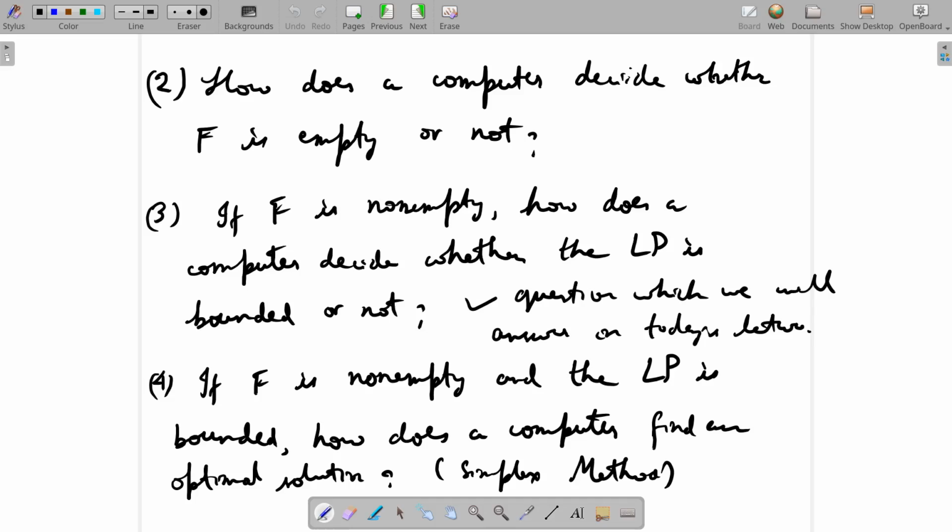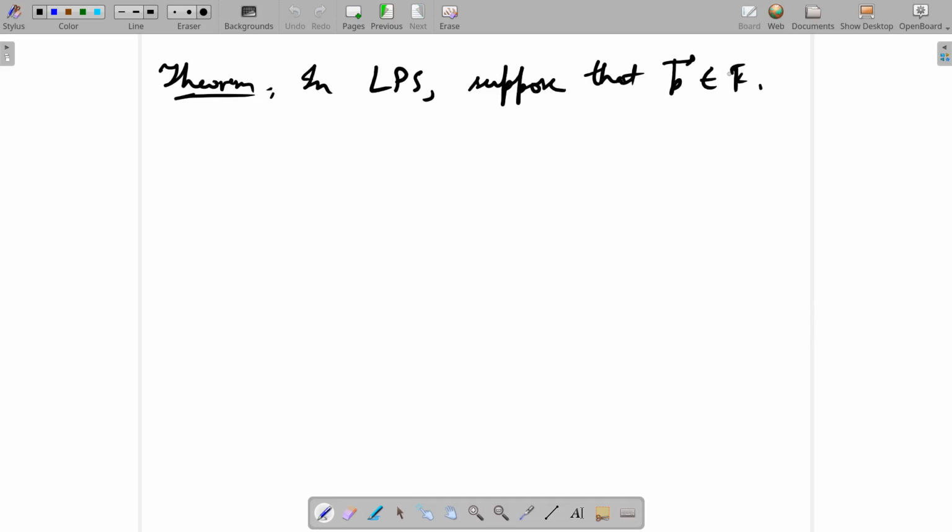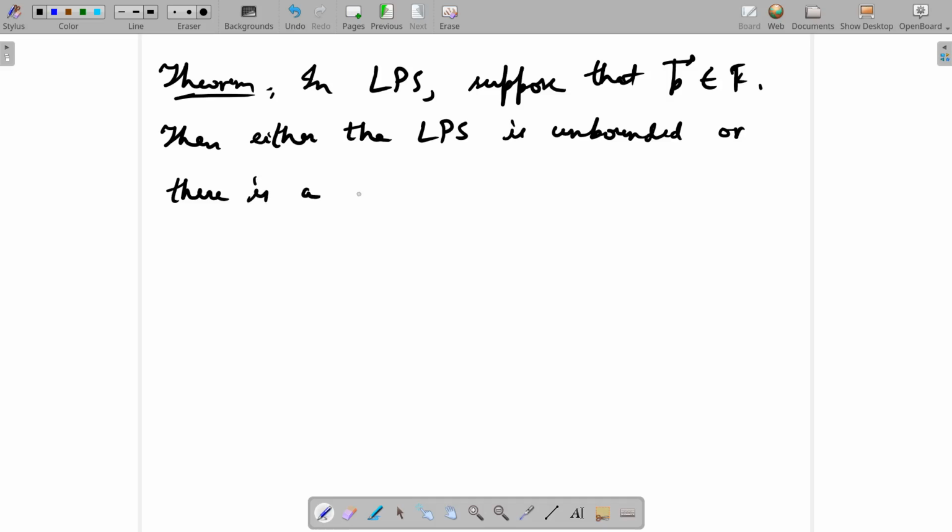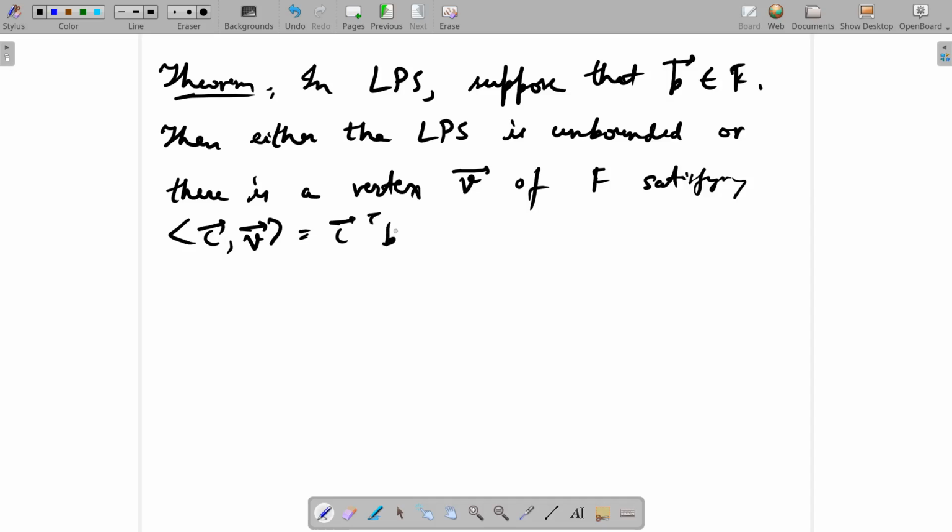Question number 3 is, if F is non-empty, so such a P does exist, then either the LPS is unbounded, or there is a vertex V of F which actually does better than P. So there is a vertex V of F satisfying C dot V, which is nothing but C transpose V, is less than or equal to C dot P, which is the objective function.